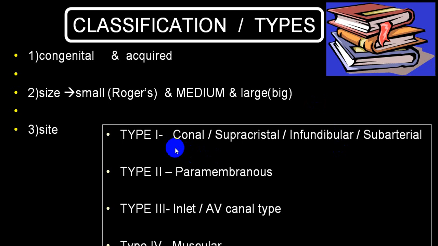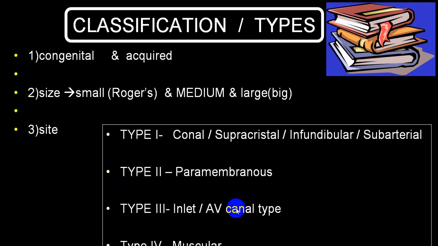Type 1 is usually called infundibular or subarterial or supracrystal or conal. The most common word utilized is infundibular, meaning close to the opening of the pulmonary artery and aorta. Type 2 is the membranous or paramembranous variety.